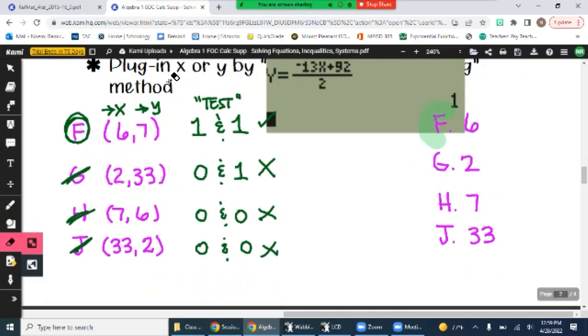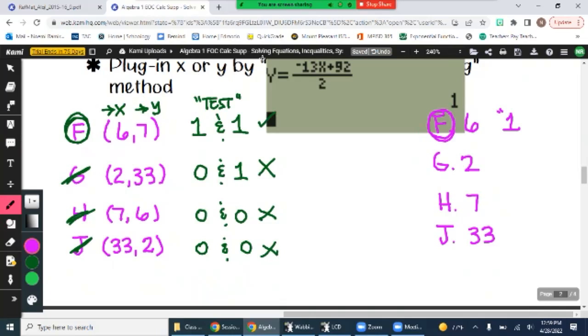F is the one that gives you the 1, and F is our correct answer. The other ones are going to give you a 0. So those are the wrong answer choices.